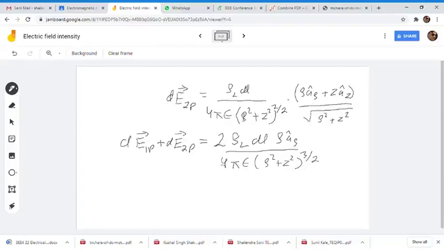Now what we need to do is integrate this electric field from minus infinity to plus infinity, because our line charge is an infinite line charge. We need to integrate our electric field from minus infinity to infinity.